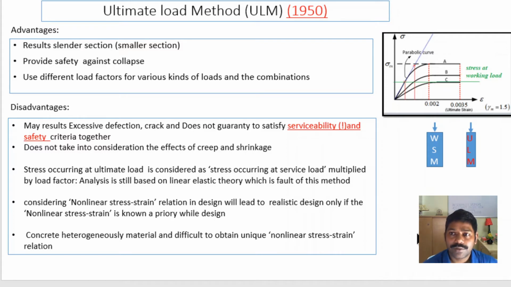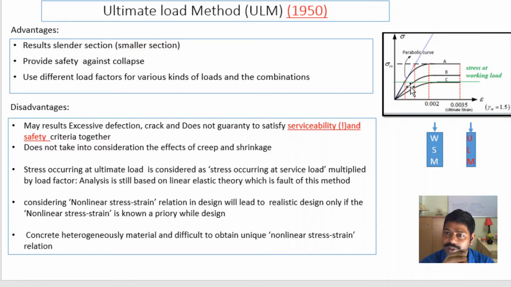Now another major disadvantage of the ultimate load method is that the stress occurring at the ultimate load is considered as the stress occurring at the service load multiplied by the load factor that I just discussed. Now what is happening here? If you do it like this, initially you are calculating all the stress in the linear zone, based on linear elastic theory, and then we multiply with some load factor.